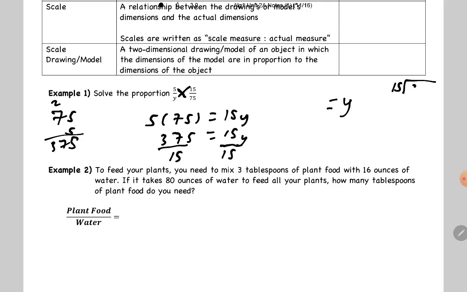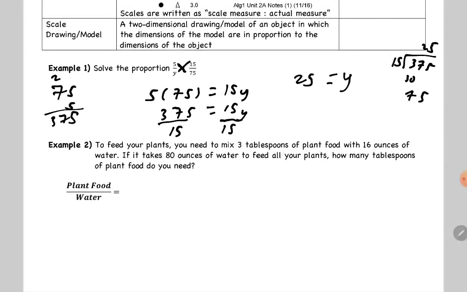I can't do it in my head right now. y equals 25. All right, and that's how the cross product works. You just make an x for your equal sign. Now this only works when it's a fraction equaling a fraction.